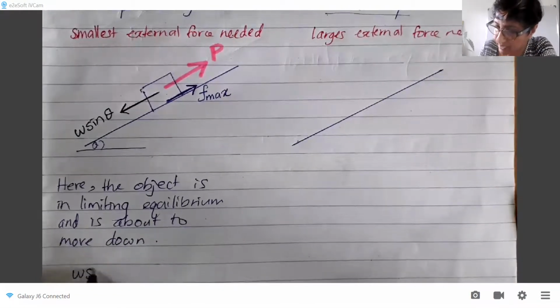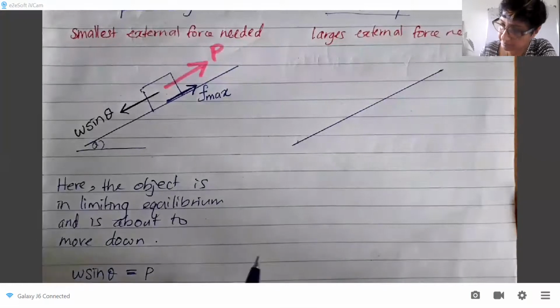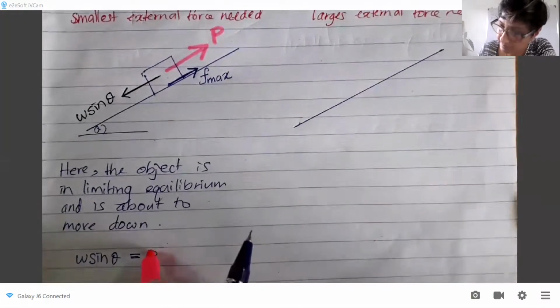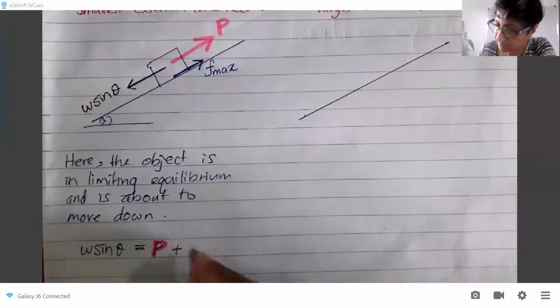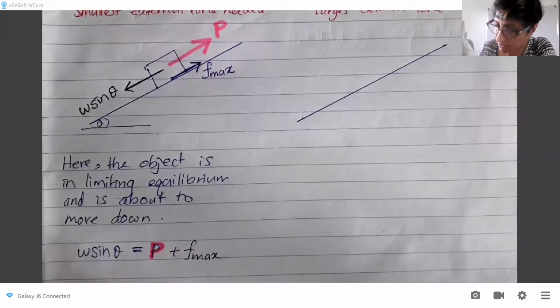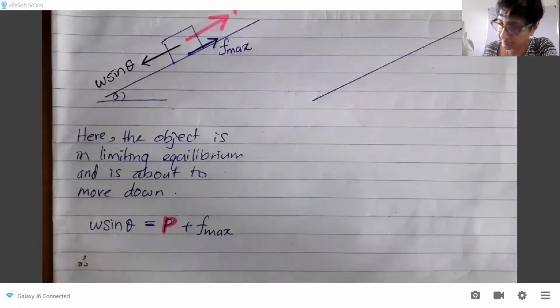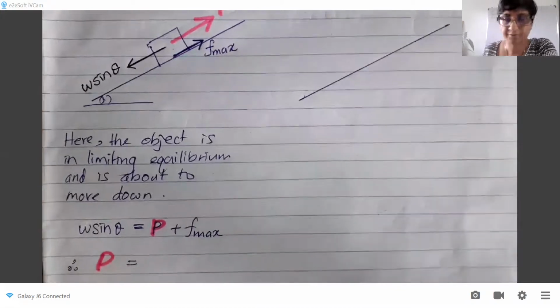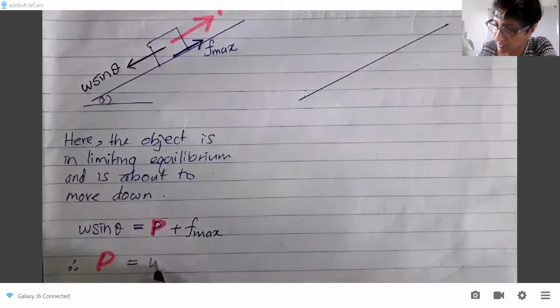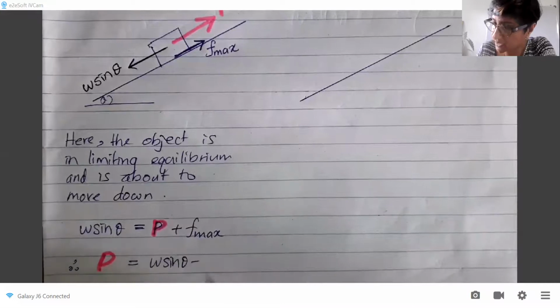W sine theta is equal to P plus F max. Therefore, P is equal to W sine theta minus F max.